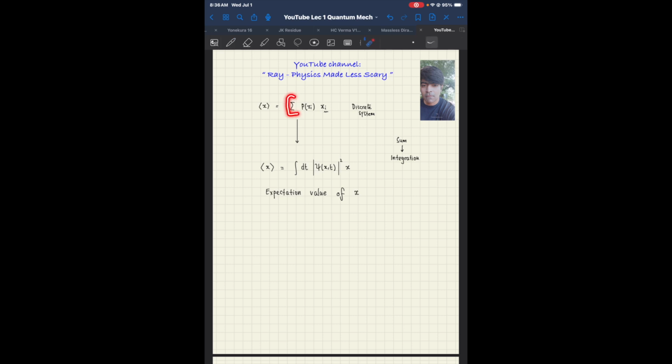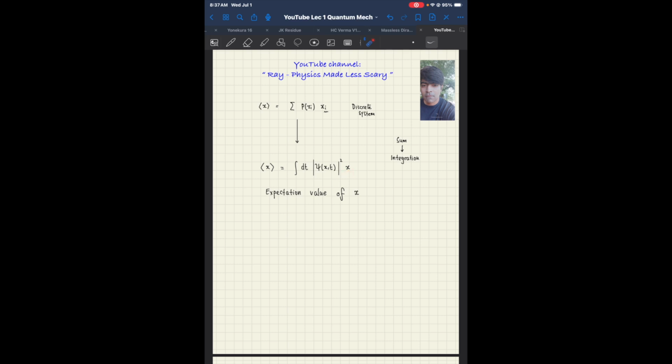The sum went to the integration, using something that we already know from school. I have mentioned that this actually gives the probability, the wave function. That was the whole point of quantum mechanics, that the probabilities are given by the wave functions. And this x goes to x, simple. Of course, it cannot have a discrete label because now it's a continuous variable, right?